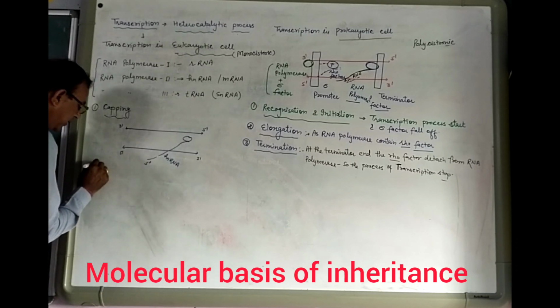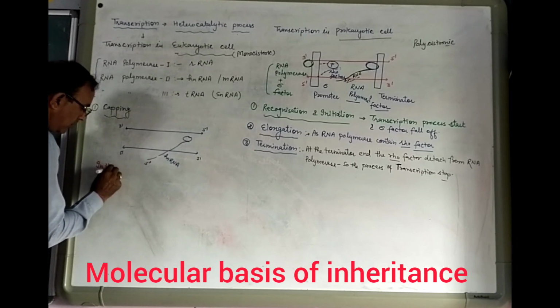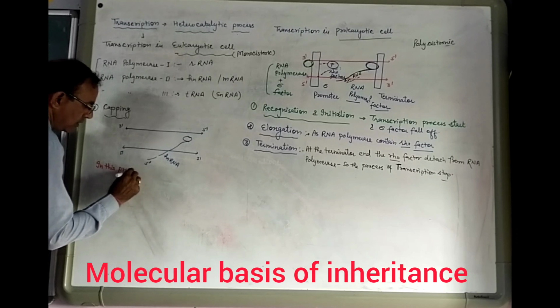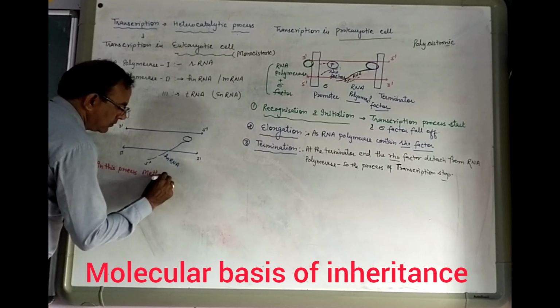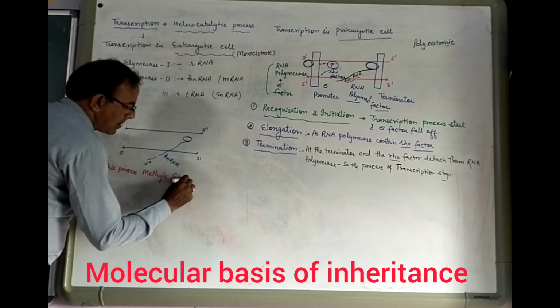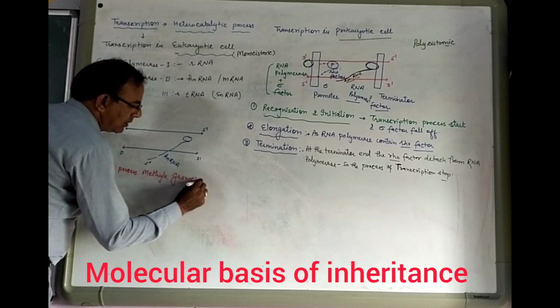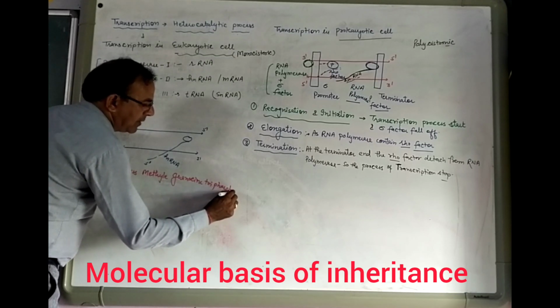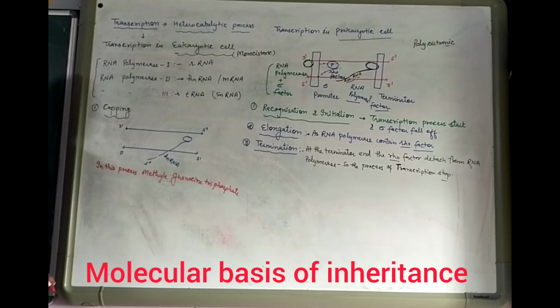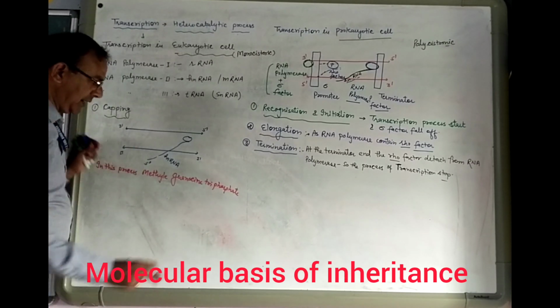It means in this process, the chemical substance methyl guanosine triphosphate is attached as a cap towards the 5' end of hnRNA.